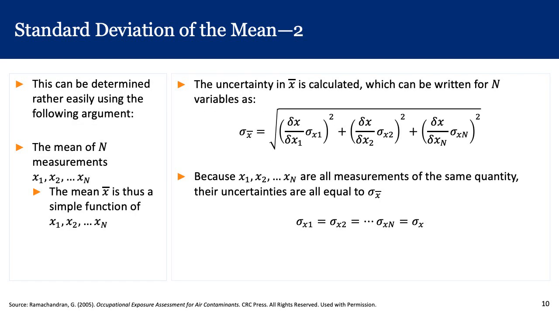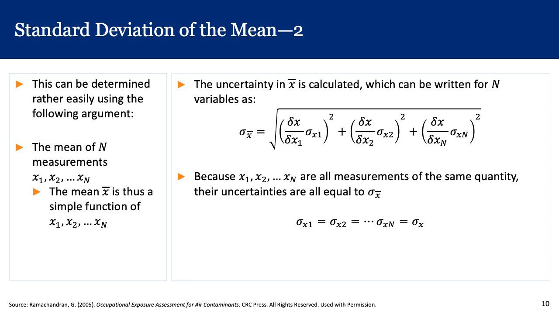To answer this, we can again use the formula that we have encountered before. We have our n measurements, x1, x2, up to xn, and the mean x bar is a simple function of x1, x2, up to xn. The uncertainty in x bar is calculated using the partial differential formula that we discussed earlier.